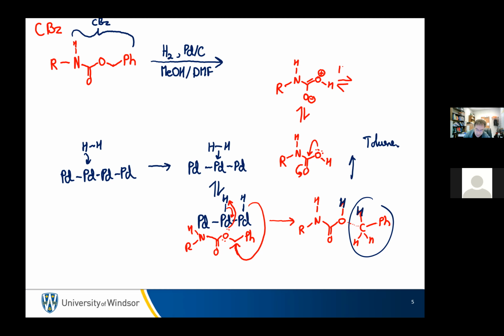Then we get a proton transfer. Is the likely one to happen?